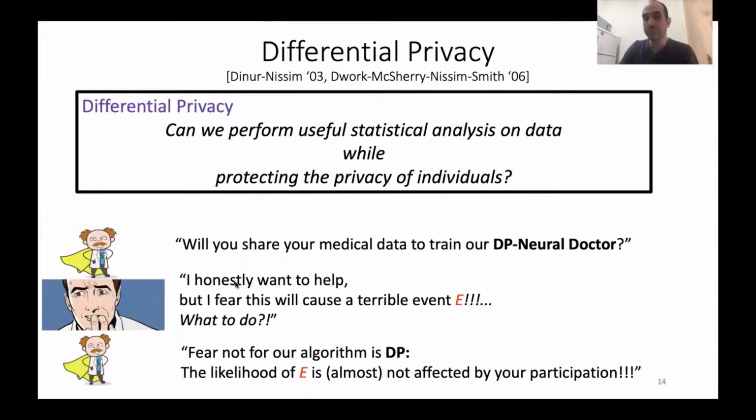But individuals may be afraid to contribute their data because they don't want their personal data to be leaked. Differential privacy guarantees that participation will not affect the probability of any bad event that the individual may be afraid of. So let us now give the formal definition.